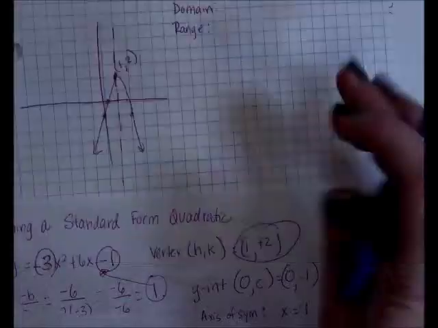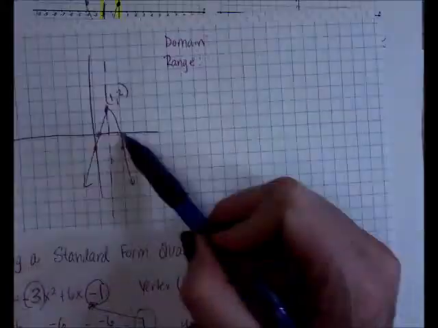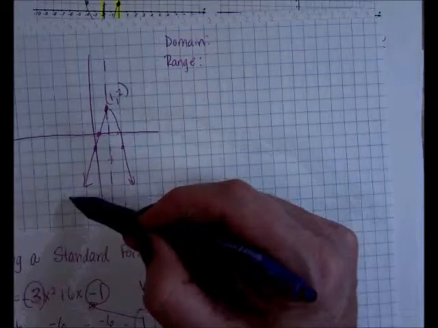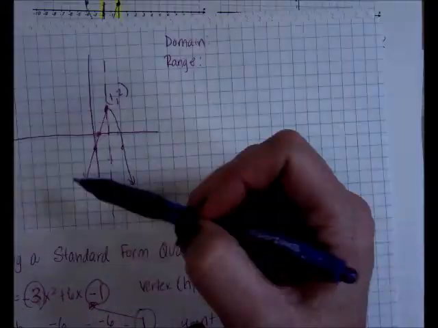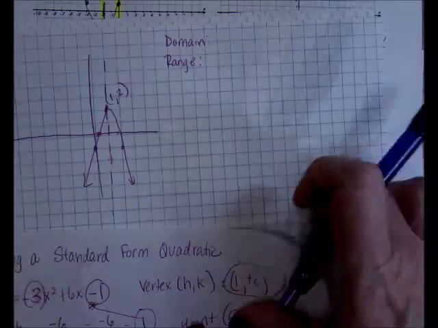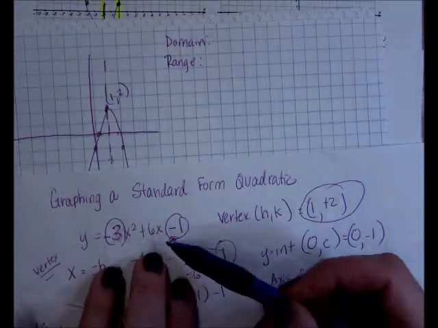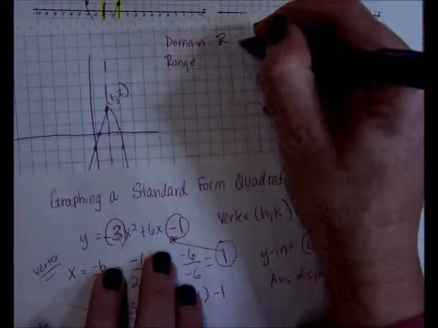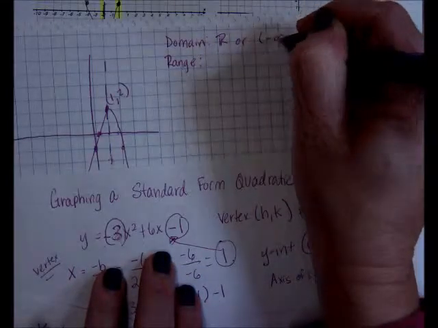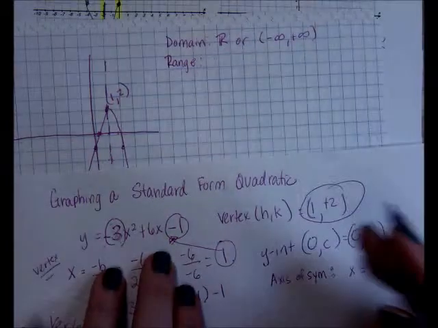And domain, remember, is what x values do I have a graph for? And here I have a graph for every single x value. I can plug in negative 1,000 into my original equation and I will come up with some y value. So that's going to be all real numbers, or you can write it like from negative infinity to positive infinity.